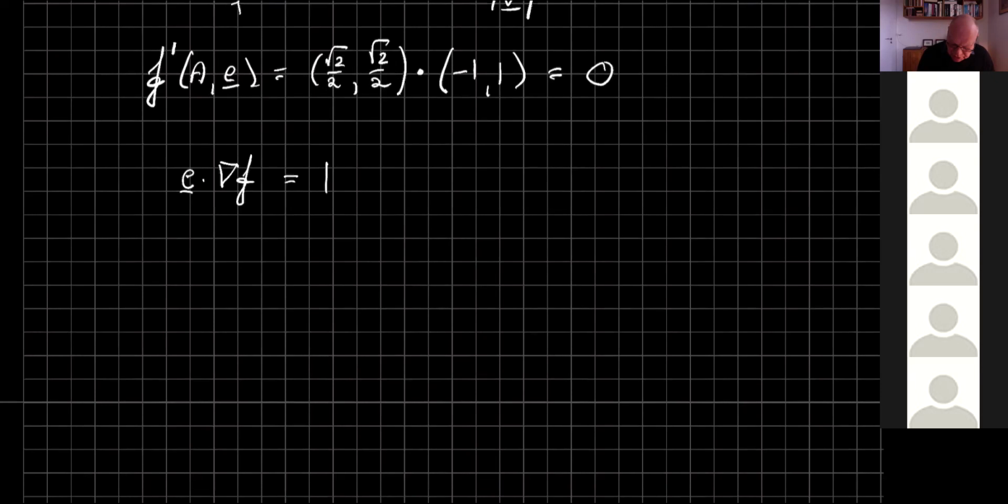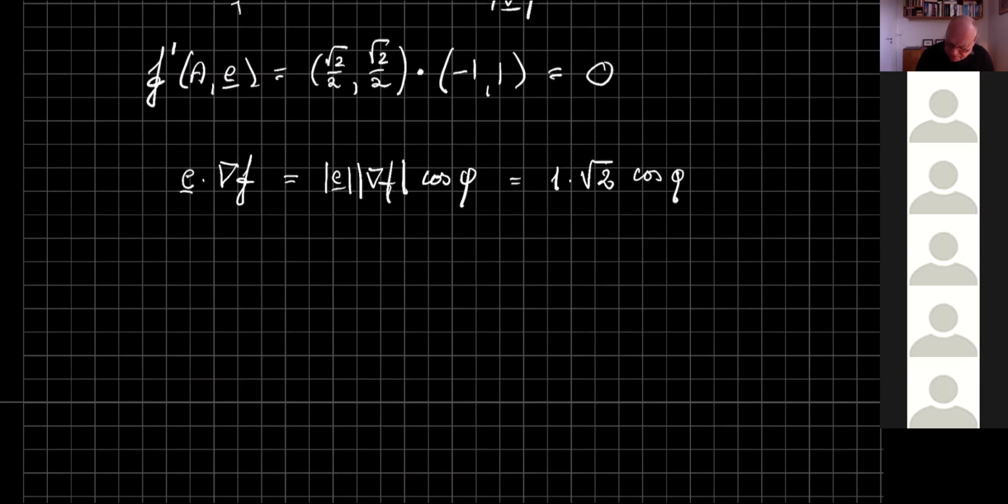This is equal to the length of e times the length of the gradient times cosine of the angle between the two. Since e is a unit vector, its length is 1, and this one here is the length of the gradient at the point A.